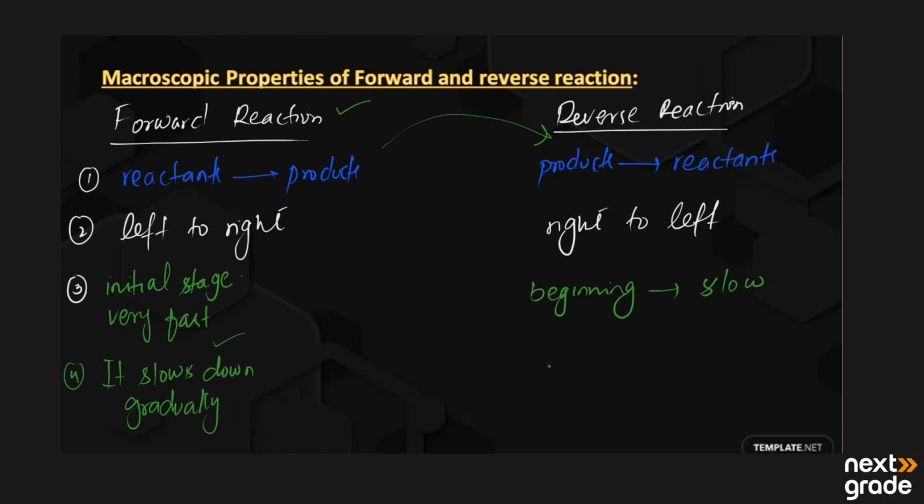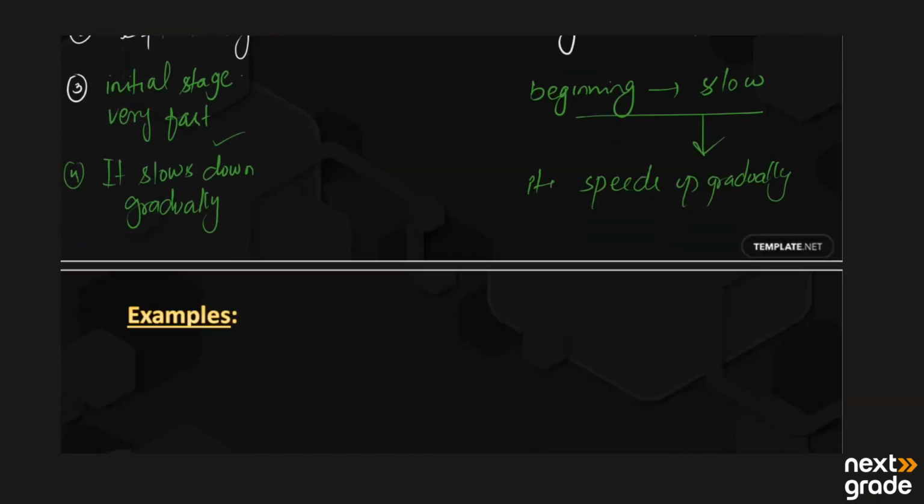On the other hand, the reverse reaction speeds up gradually. It means with the passage of time, as its rate is slow in the beginning, but after some time it starts to increase, so the reverse reaction speeds up gradually. So these are basically the main four macroscopic properties of the forward and reverse reaction.